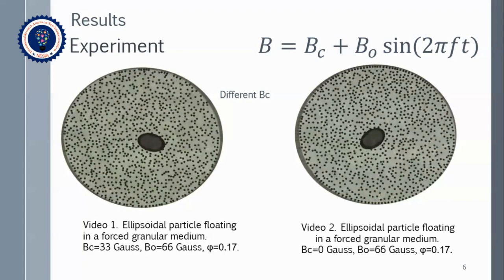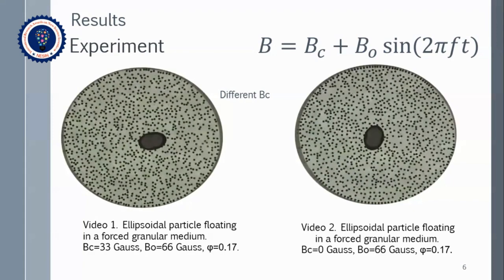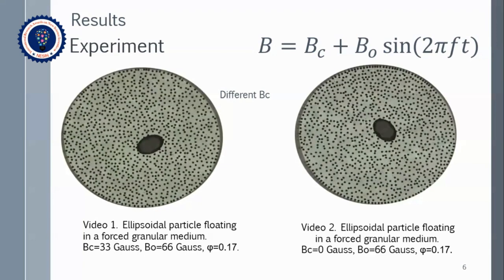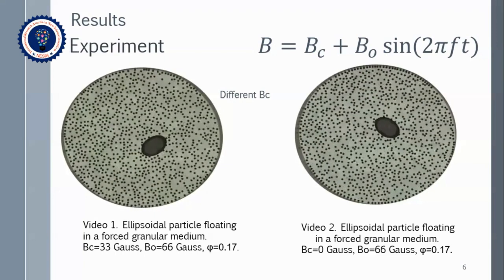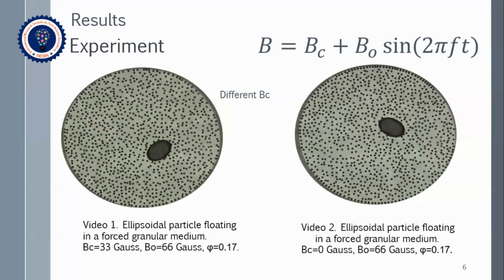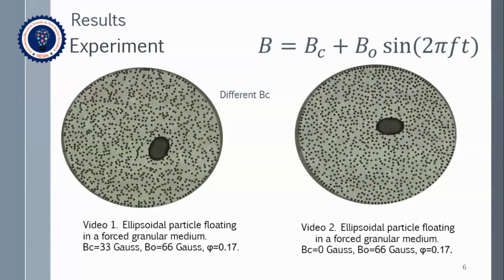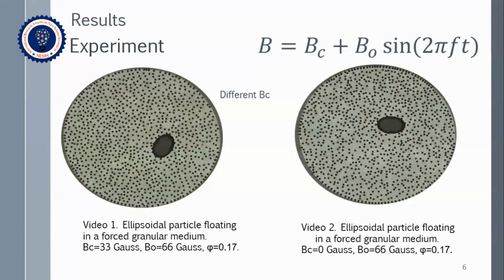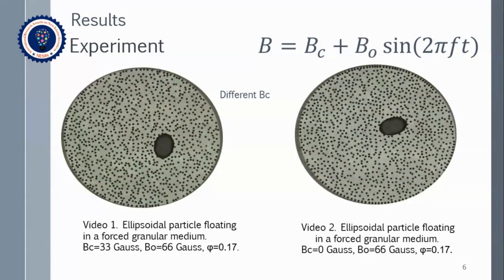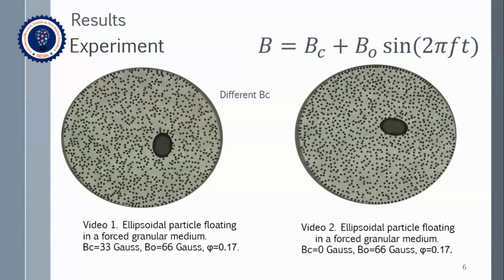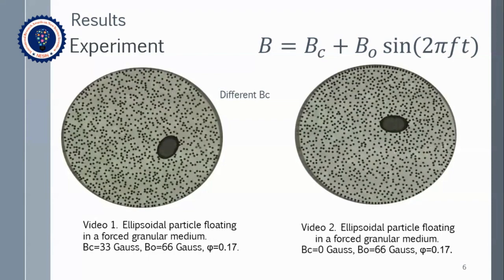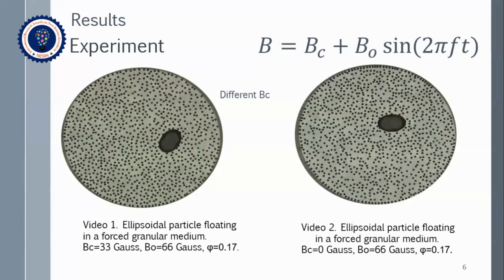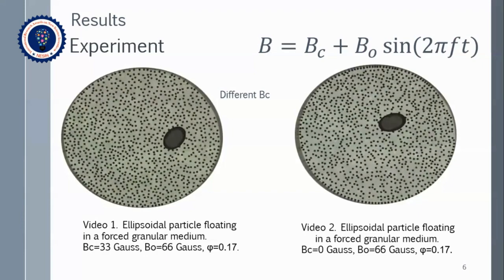In the first case, V sub C is approximately 33 Gauss, and in the second case, V sub C is 0 Gauss. The effective temperature is high in both cases. We can observe the motion is faster in the case where the effective interaction between the particles in the thermal bath is higher.